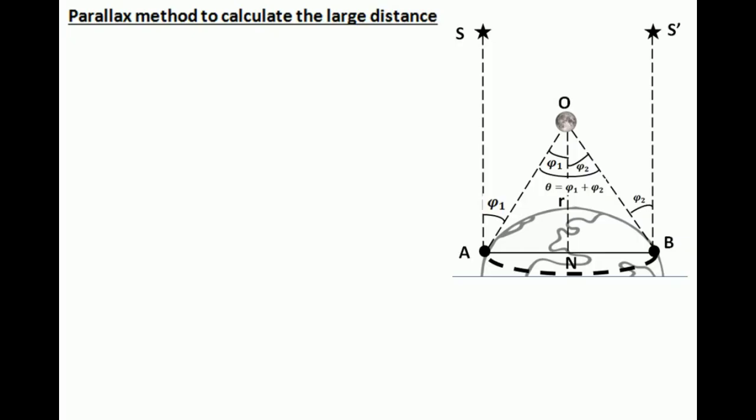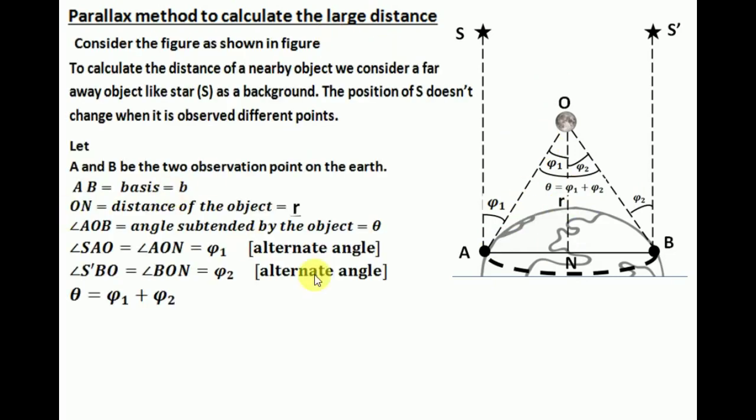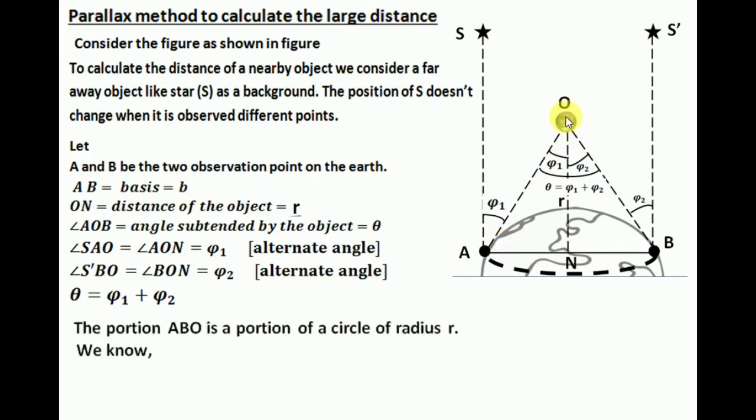Now we will derive the formula for the parallax method. This is the same diagram that I have considered before, and the distance of the object is r from the earth. Now I can consider this portion OABO, the arc, as a portion of a circle, and I can write angle is equal to arc AB by radius r.